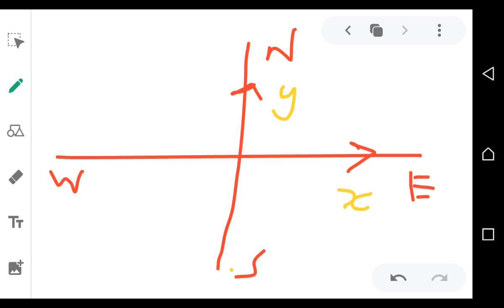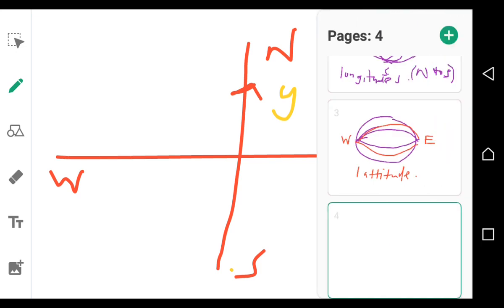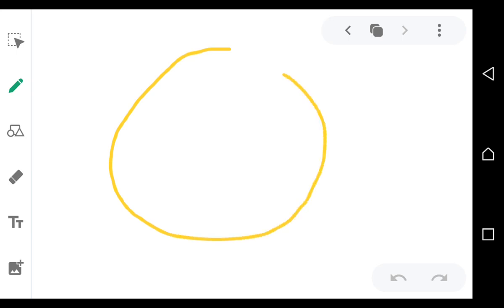That's how you plot. For example, if this was the Earth, I draw a line like this, and then I draw another one like this. And then I put a point here.